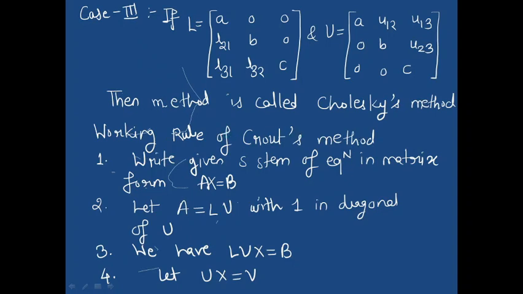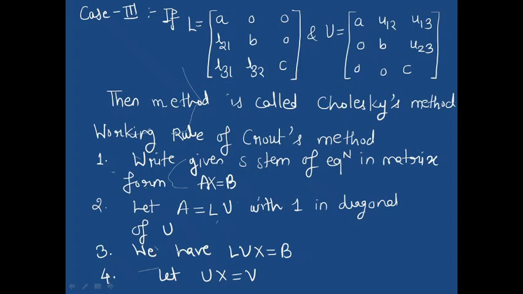Remember, for Crout's method we are going to factorize A as a product of lower and upper triangular matrices with strictly 1 in the diagonal of the upper triangular matrix. What is the working rule? First of all, write the given system of equations in matrix form, Ax equal to b. Then assume A equal to LU with 1 in the diagonal of the upper triangular matrix.